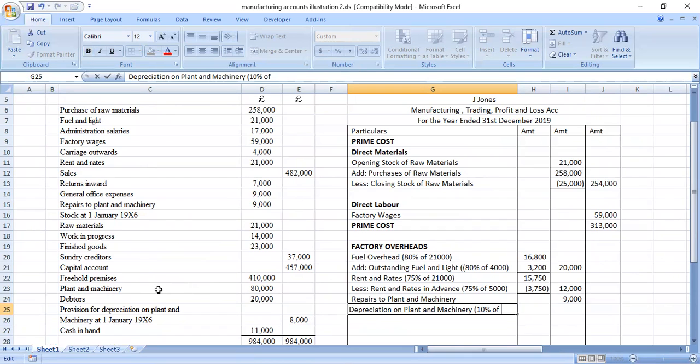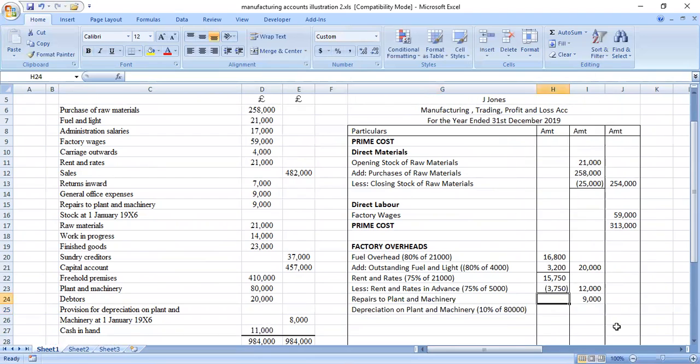You can see that, eh? Yes. Yeah, so 10% of 80,000, which is equal to, we have it here, 0.1 times 80,000, which is 8,000 shillings.